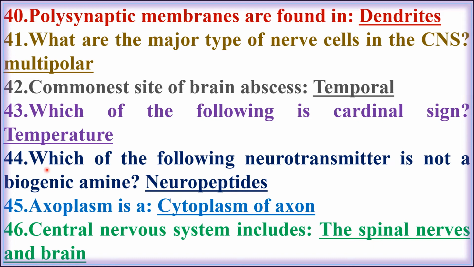Next, which of the following neurotransmitter is not a biogenic amine? That is neuropeptide. Next, axoplasm is the cytoplasm of axon. Next, central nervous system includes the spinal cord and the brain.